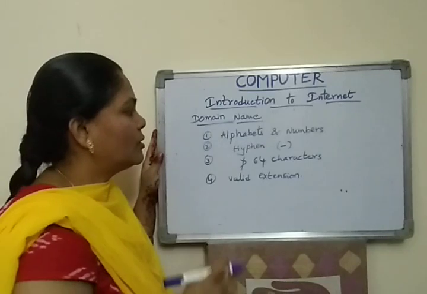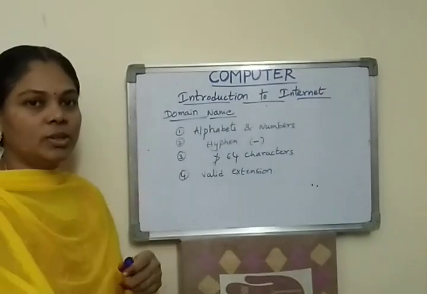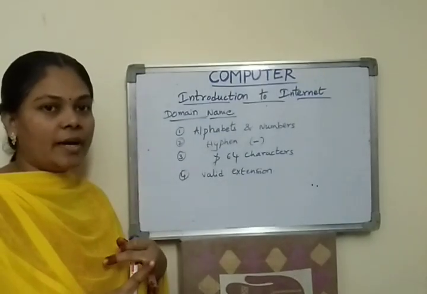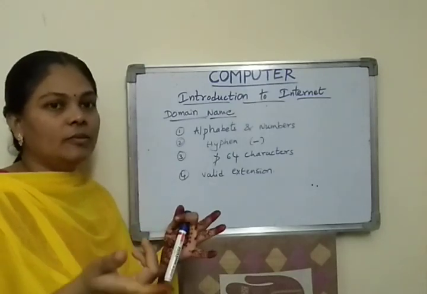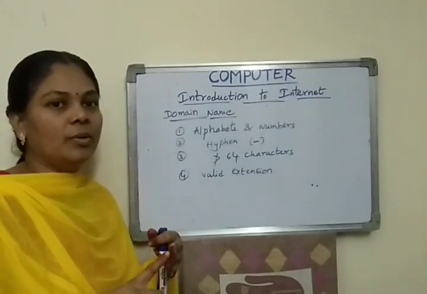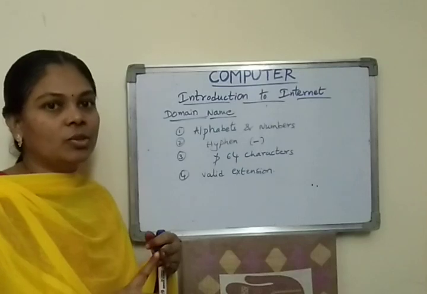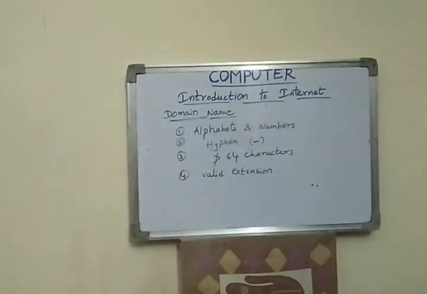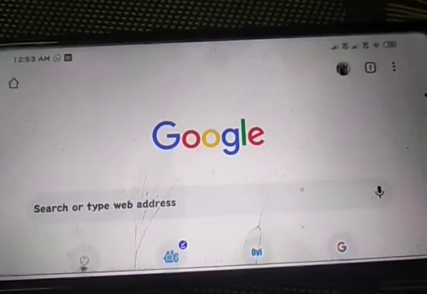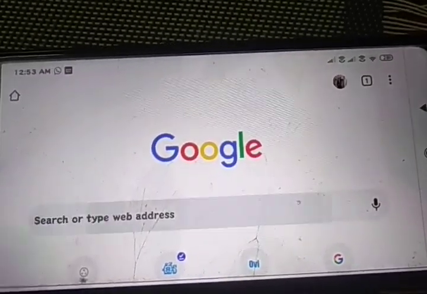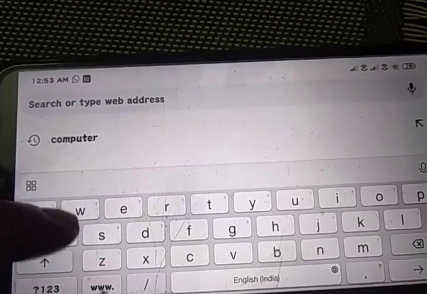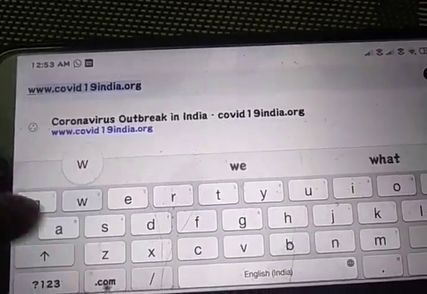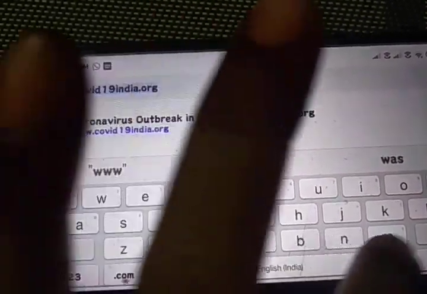Till now, I will show you all this: how to search for information, how to access a web browser, how to get the information from www in a video so that you can understand better. Okay, children? Click on this Google page. Here we can search the information using www.